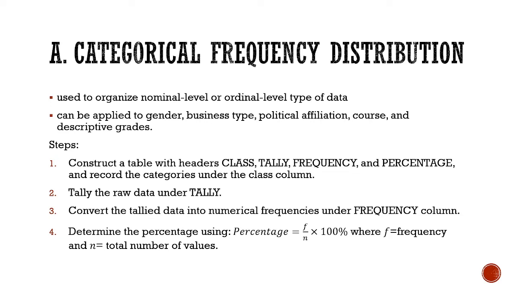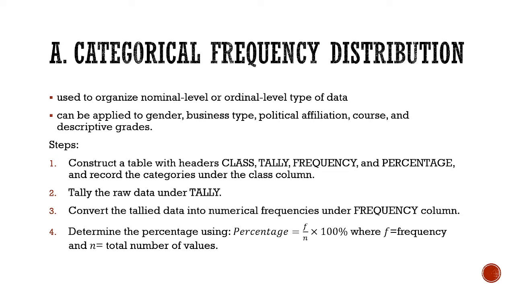Then we need to tally the raw data under the tally, convert the tallied data into numerical frequency under the frequency column, then determine the percentage using percentage is equal to frequency divided by the total number of samples times 100, where F is frequency and N is the total number of values. So easy as that. We have four steps for categorical frequency distribution.